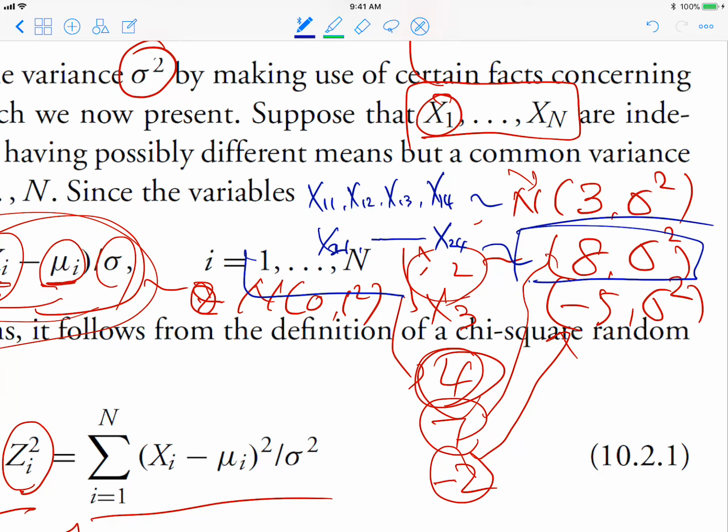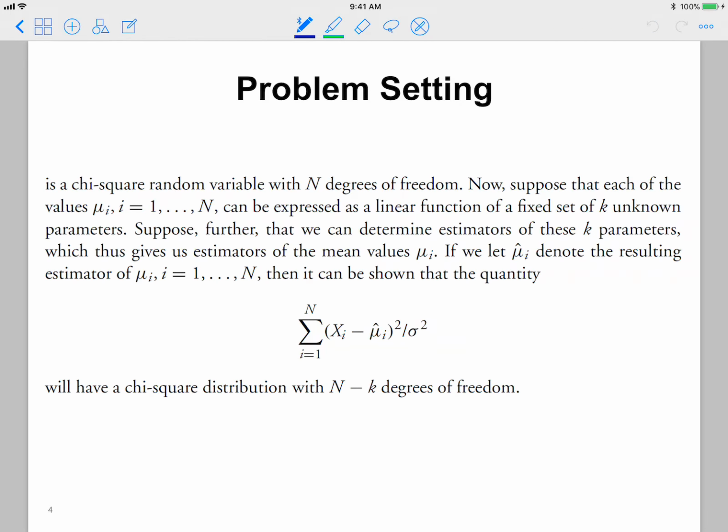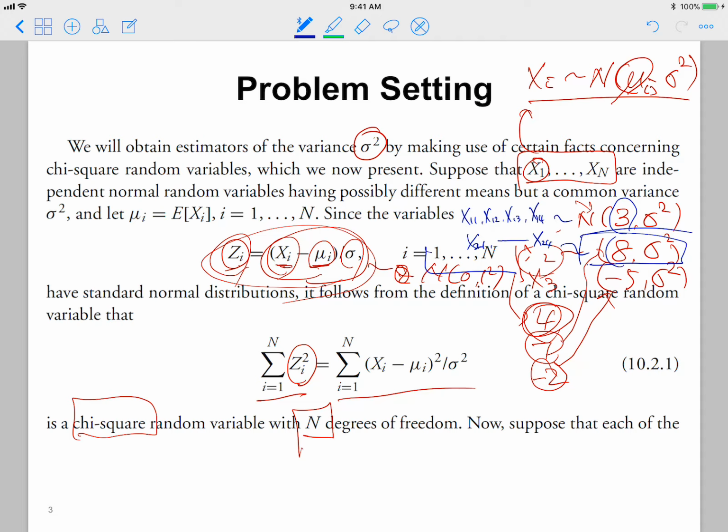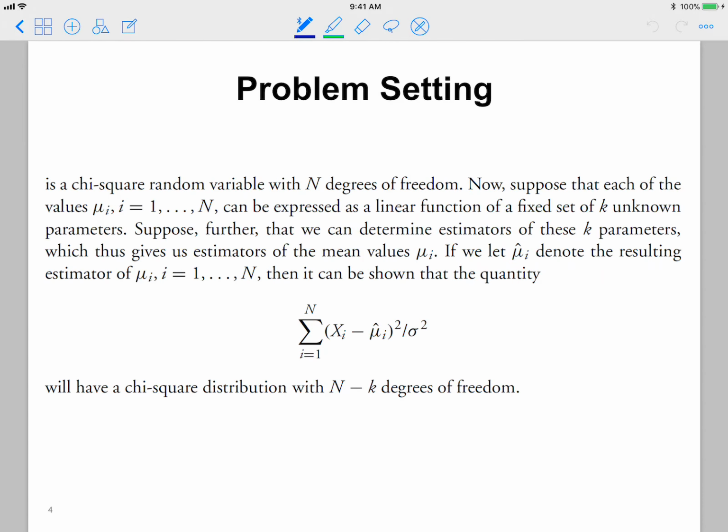Okay, so this is the setting. Let's call these different mean values mu1, mu2 and mu3. These are the 3 different mean values from each sample.